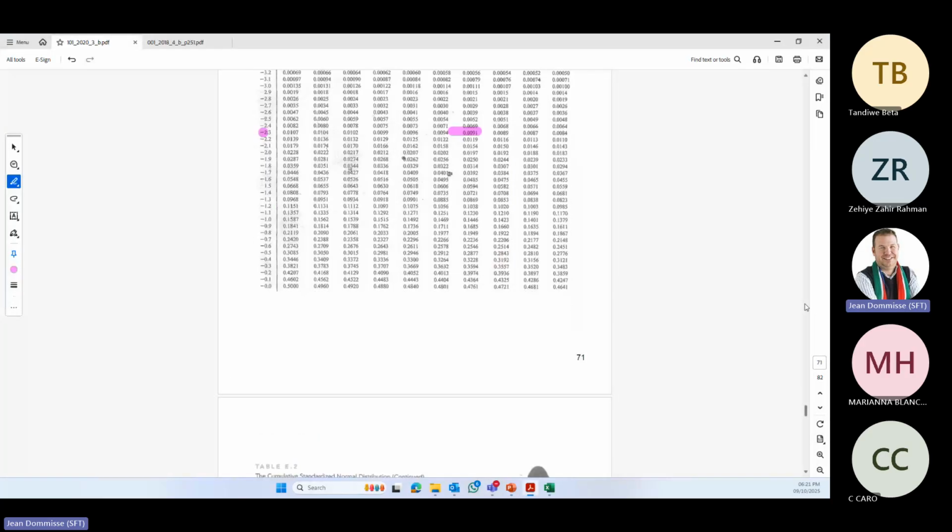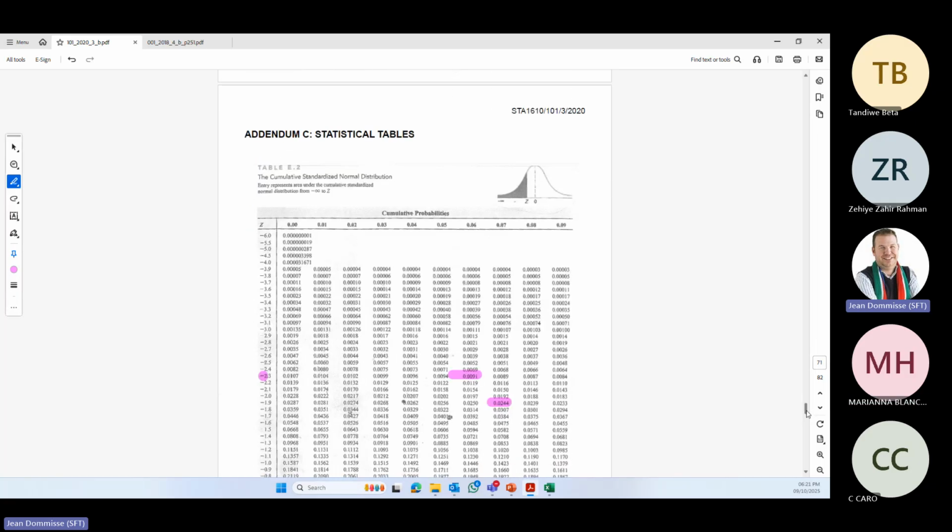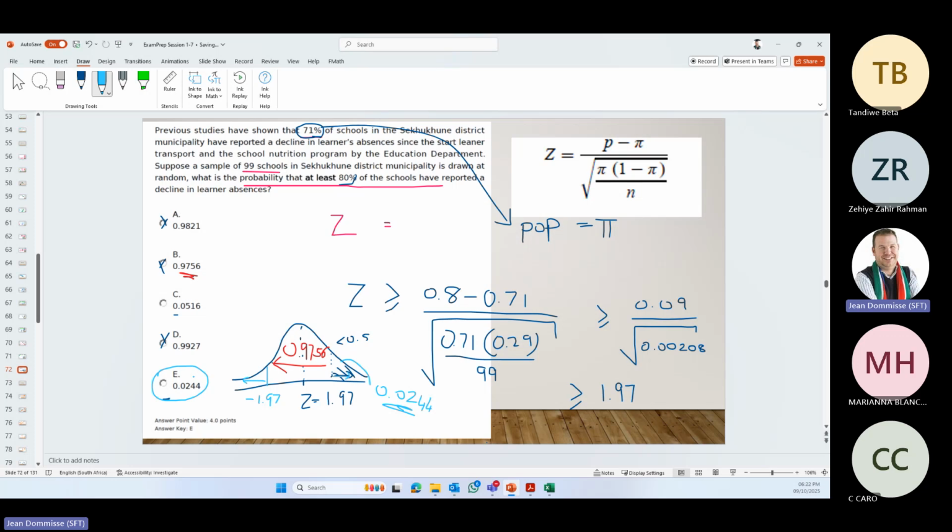So go to the negative, minus 1.97. You see, we also get 0.0244, which we're happy with.